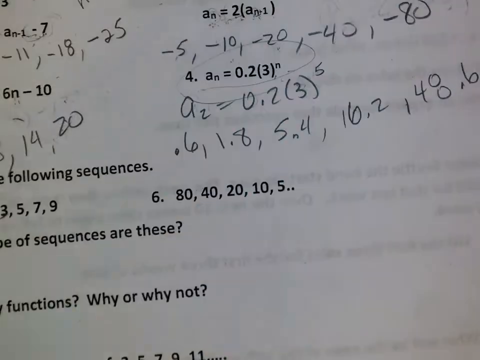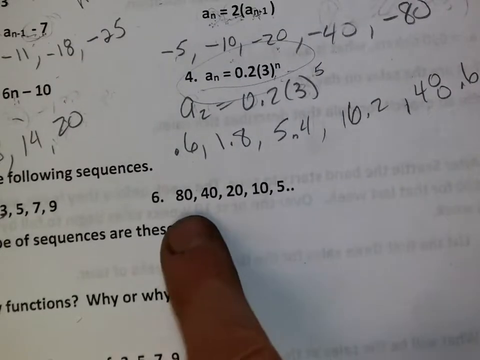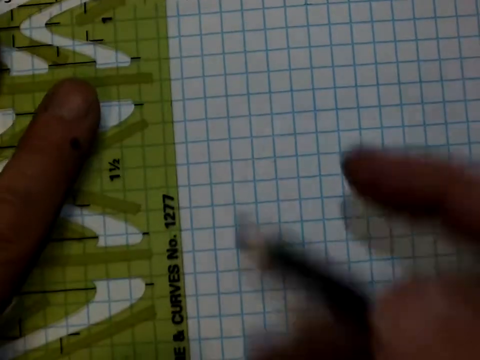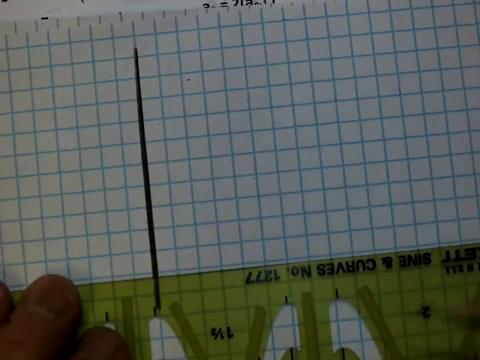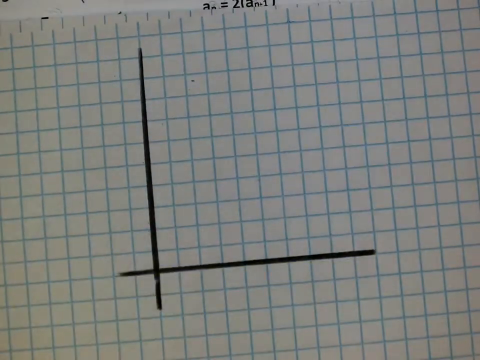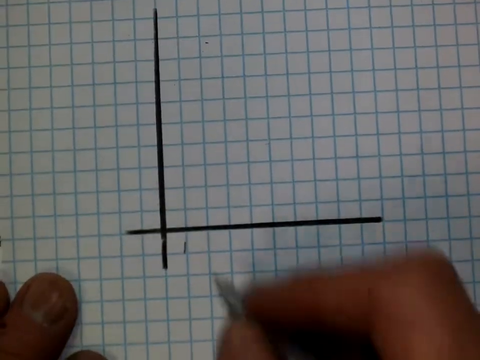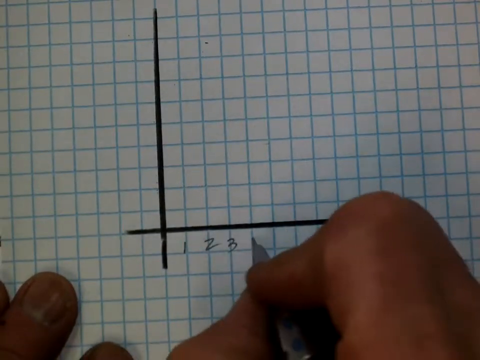All right, let's take a look at the next one. So I'm going to go 80, 40, 20, 10, 5. So I'm going to have to change my axes quite a bit. I'll probably have to go by 10s. So I'm going to go first term, second term, third, fourth, fifth.